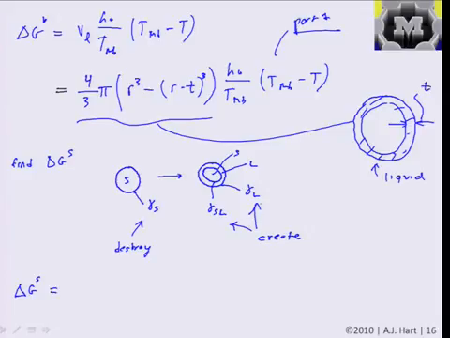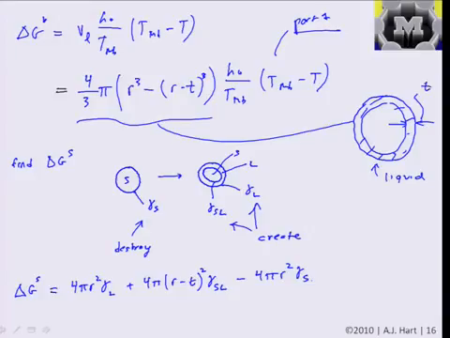up. So if we want to create these two surfaces, we have the surface area of the sphere of radius r times gamma for the liquid surface which we create, and then we have the surface area of the inner sphere times gamma of the solid-liquid interface which we create, and then we have the surface area of the sphere times the solid surface, and that's minus because we destroy the surface.